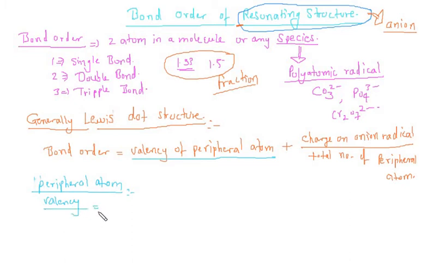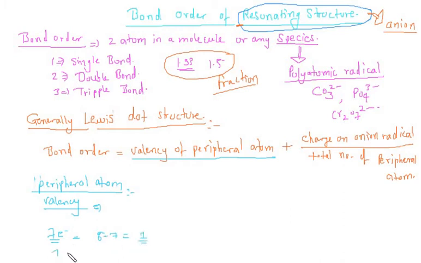Valency is the number of electrons generally present in the outermost shell, and if it is less than 4, you consider it directly. If it is more than 4, you deduct it from 8. Like suppose an atom has 7 electrons in its outermost shell, its valency will be 8 minus 7, that comes out to be 1.